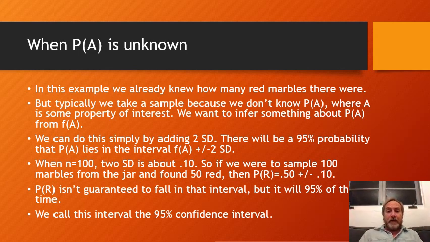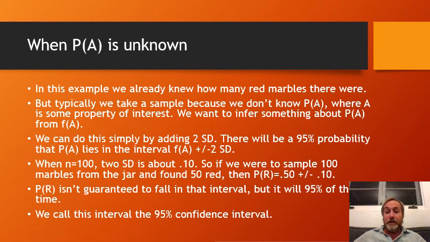So we were going to sample 100 marbles from the jar, and let's say we happen to find 50 red. We just happen to find the exact actual proportion that there is. We don't know that. We don't know what the actual proportion is in the population, let's say. What we do know is that two standard deviations from 0.5 is 0.10 in either direction, right?